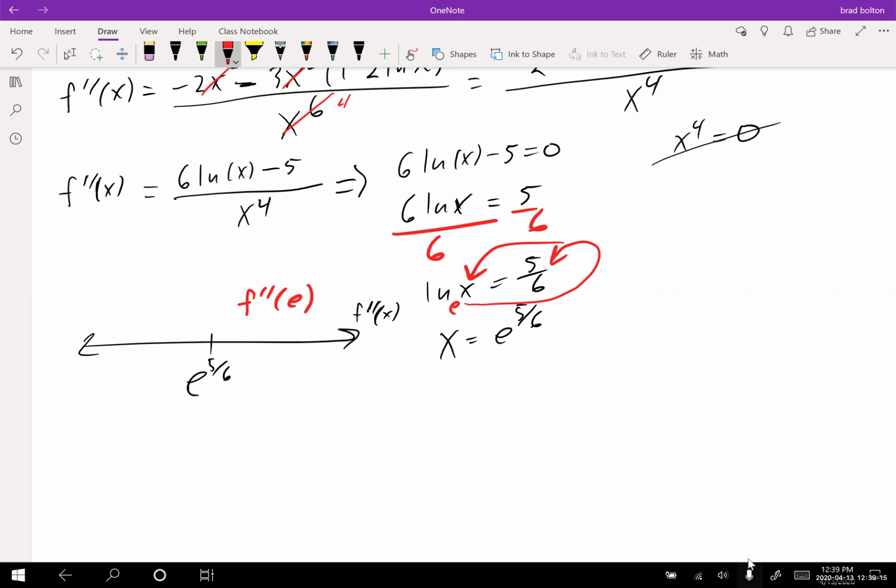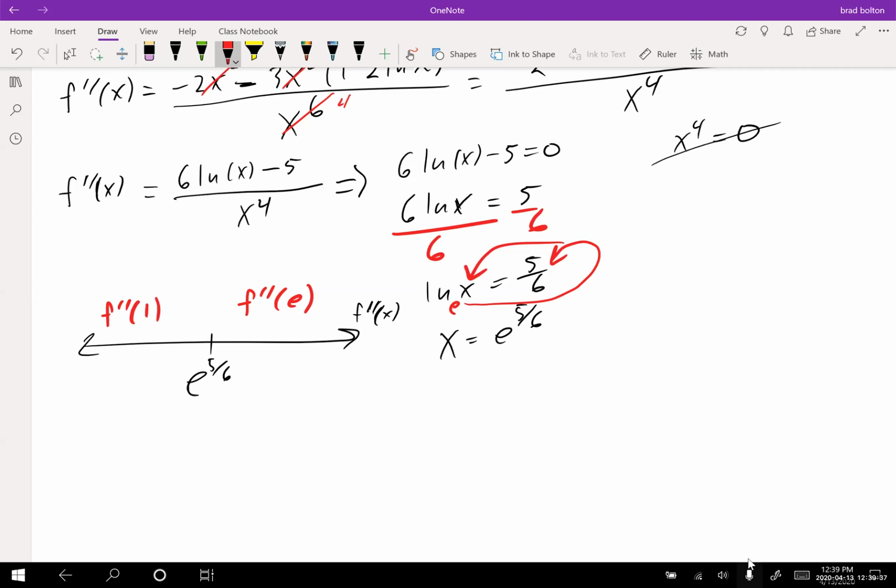I didn't bring my graphing calculator with me. So we could just do f double prime of, I don't know, 1.